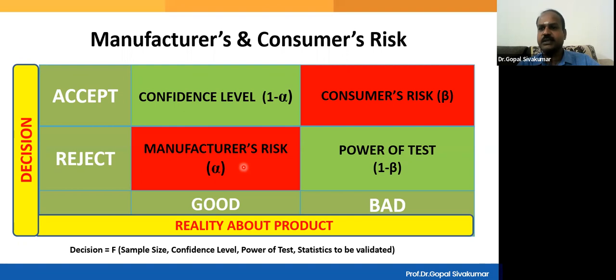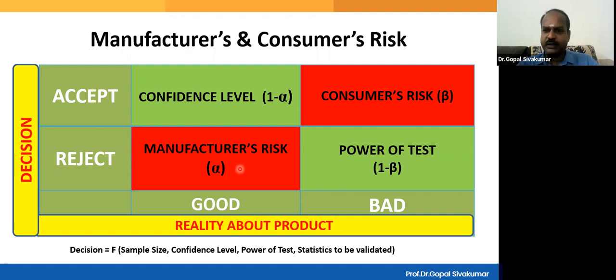But actually the population is good. So if 5% of the time there is a contradiction between what you observed in the sample and what is actually in the population, that is tolerable. That permissible level is called manufacturer risk, and that is given the symbol alpha. This must be fixed right at the beginning stage of the sampling study.